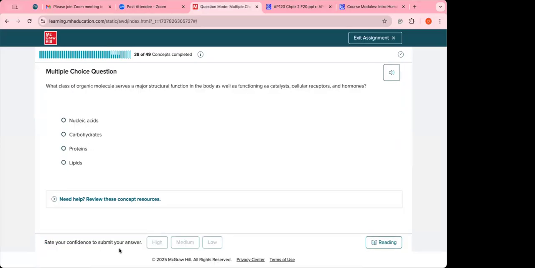What class of organic molecule serves a major structural function to the body, as well as functioning as catalysts, cell receptors, and hormones? So what structure does all four of those things?